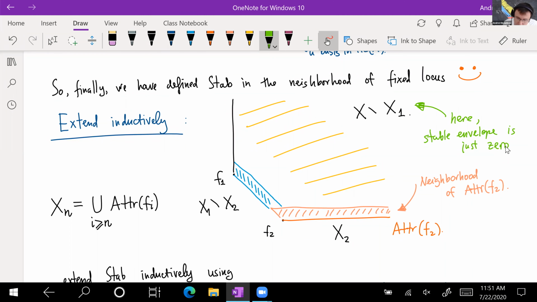It's just 0, so there's nothing to define, and then I inductively extend it to larger and larger steps.